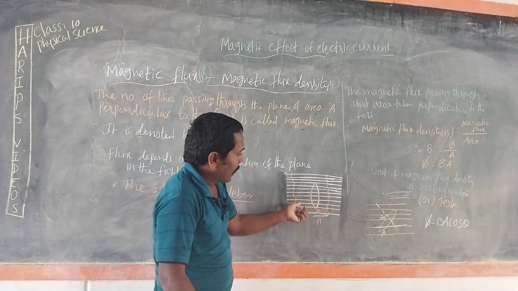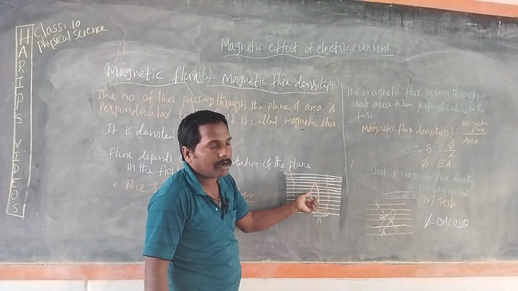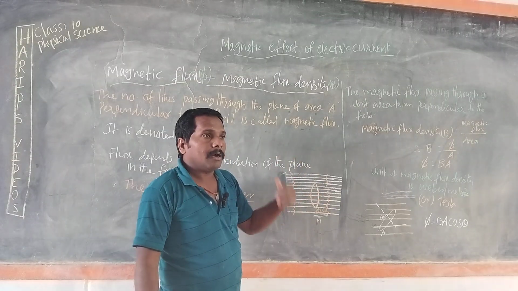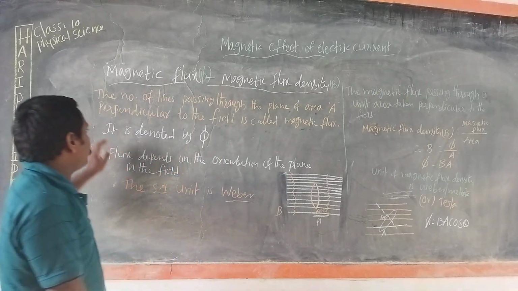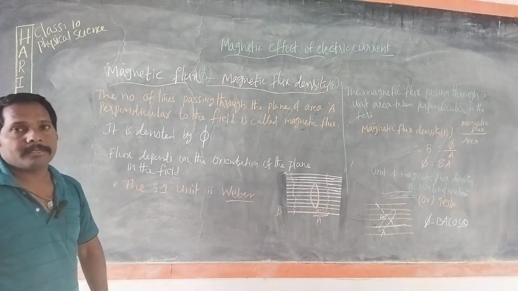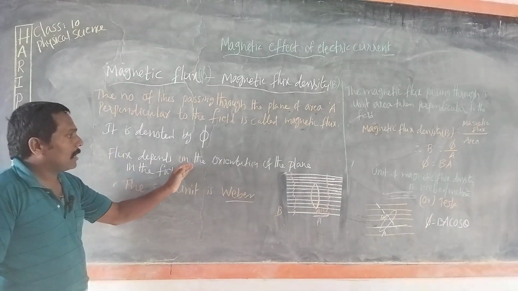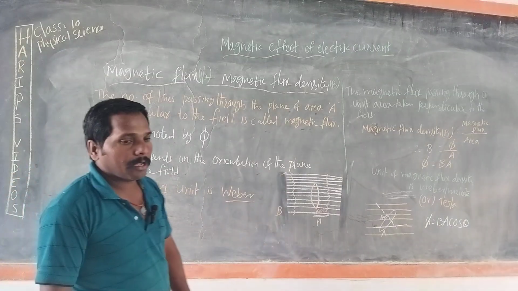So, how many magnetic field lines are passing through this imaginary plane area? The number of lines is nothing but the magnetic flux. It is denoted by the symbol phi.